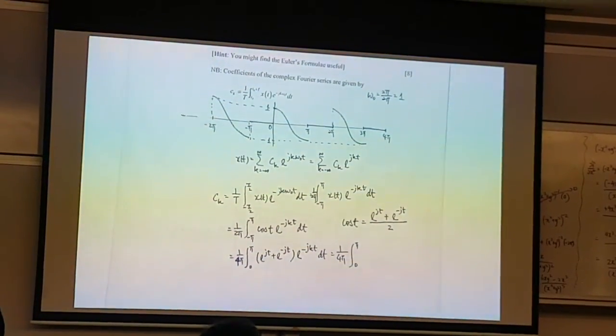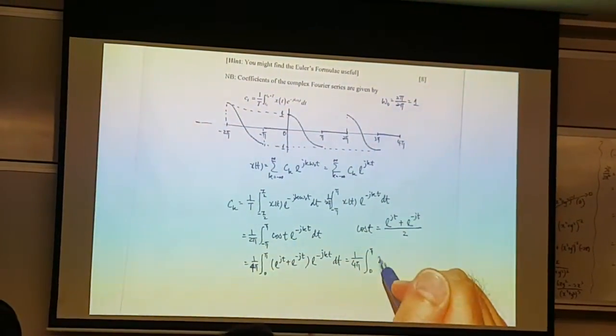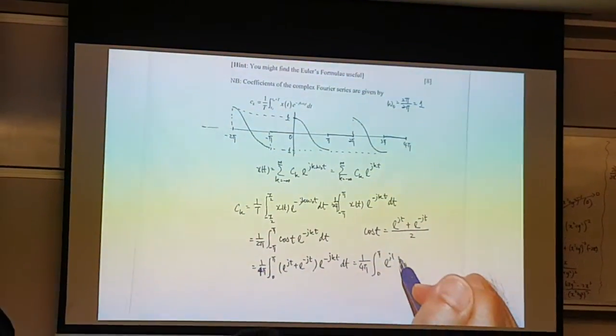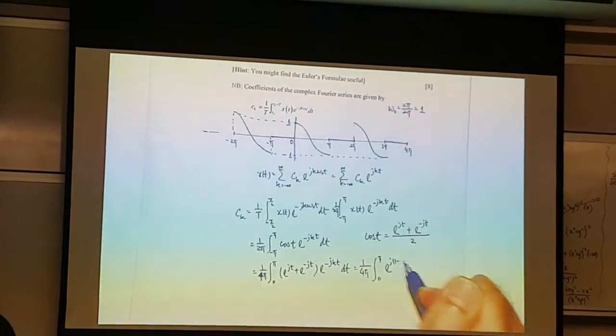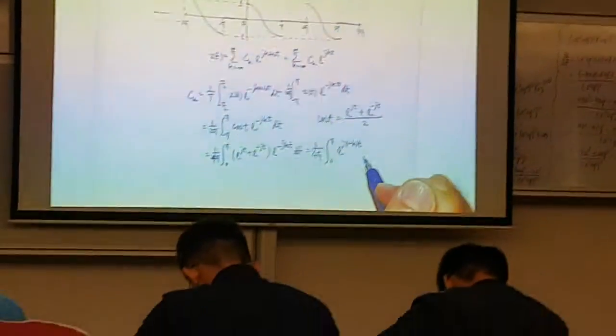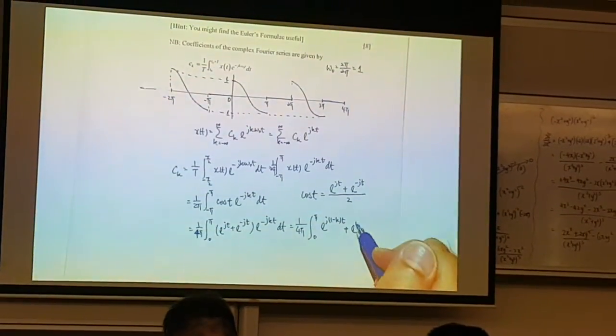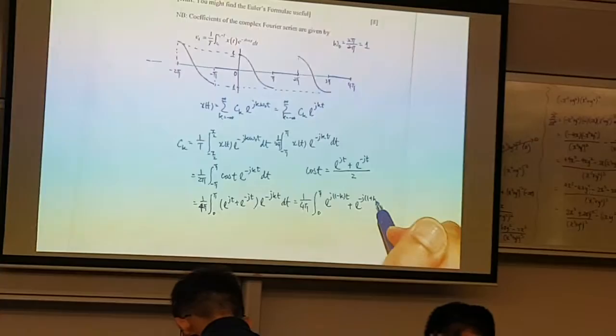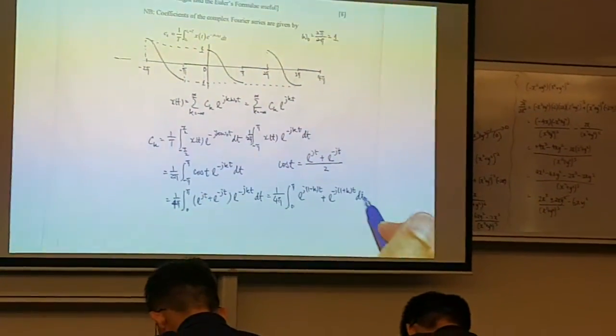So I have e to the power of j(1 minus k)t, which takes care of the first term, plus e to the power of minus j(1 plus k)t dt.